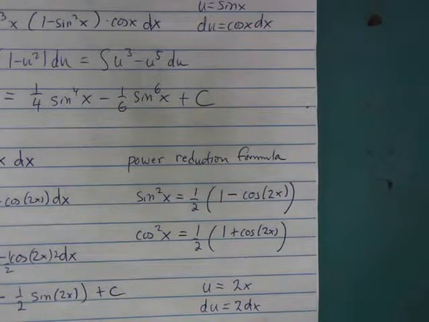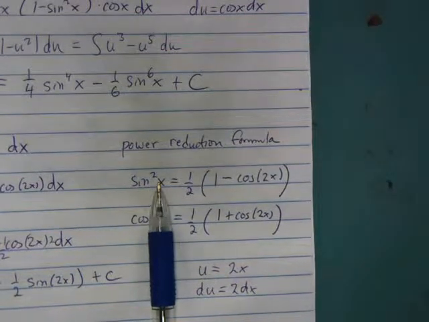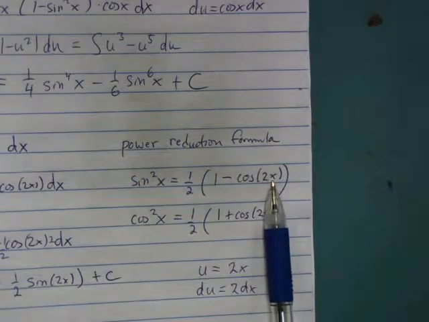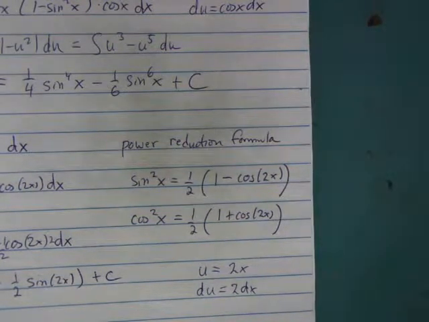Because the next time I did it, I didn't have just an x here, I had a 2x. So x becomes 2x, so when I plug 2x in here, I got 2 times 2x, which is 4x. And so every time you use it, you're going to double your angle. So your angles are going to go 1, 2, 4, 8, 16. Hopefully you never have to use it that many times. 16x. Correct.